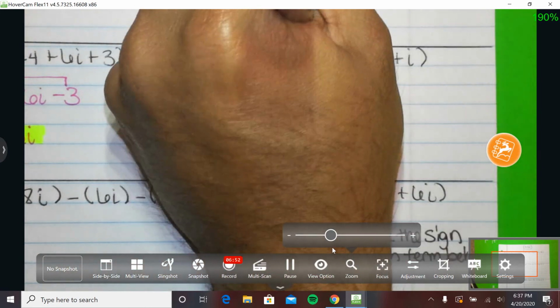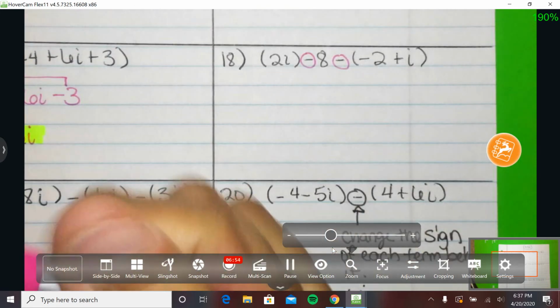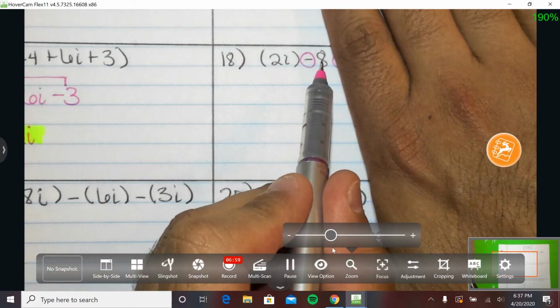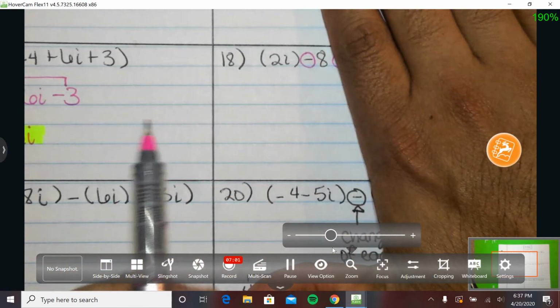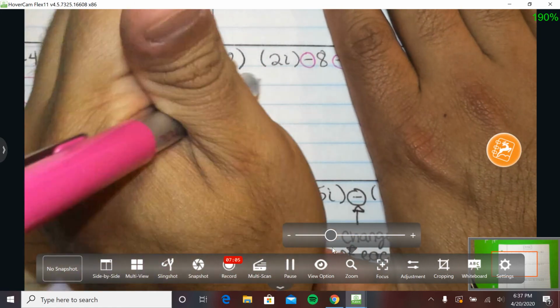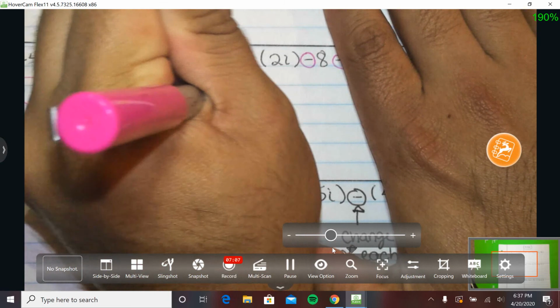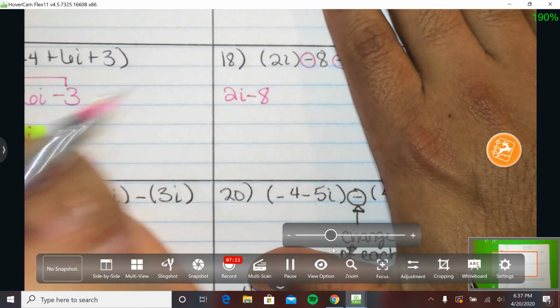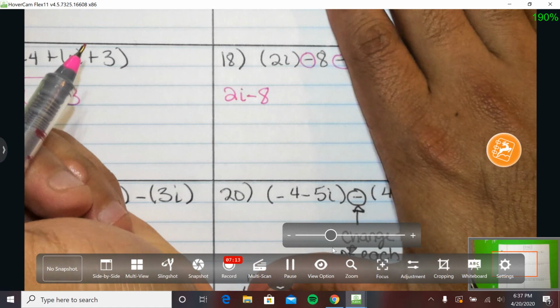We have 2 minuses, so we're going to just take it 2 terms at a time. So this positive 8 will change to a negative 8. So I have 2i negative 8 right there, which basically stayed the same if you want to think about it that way.